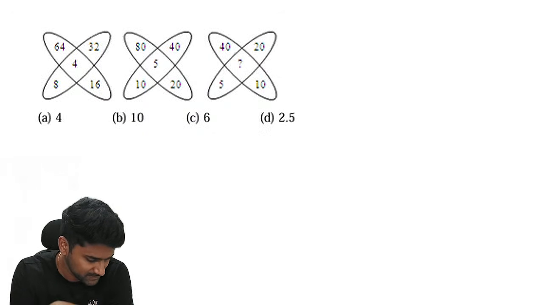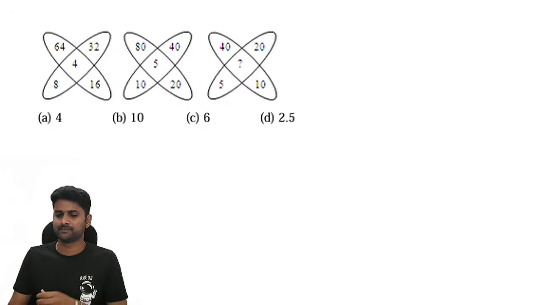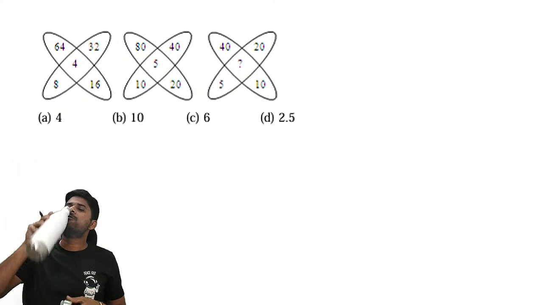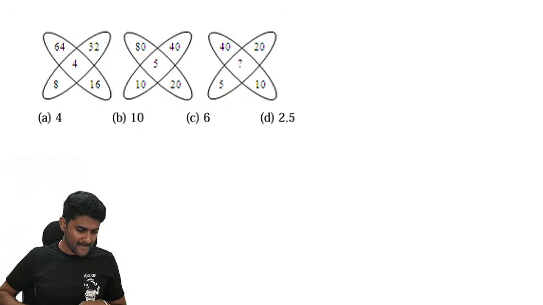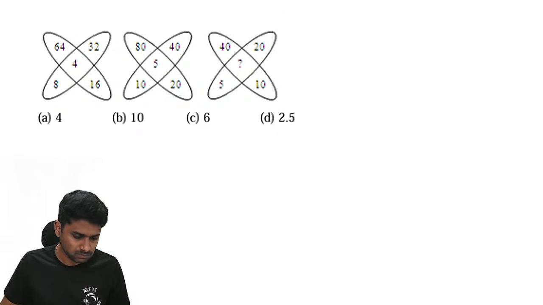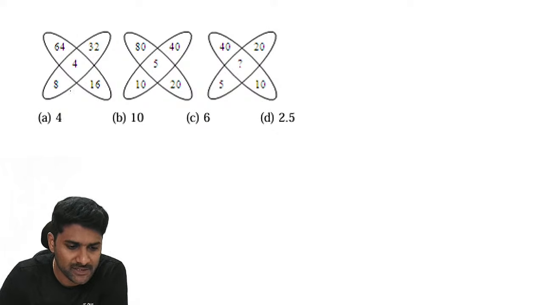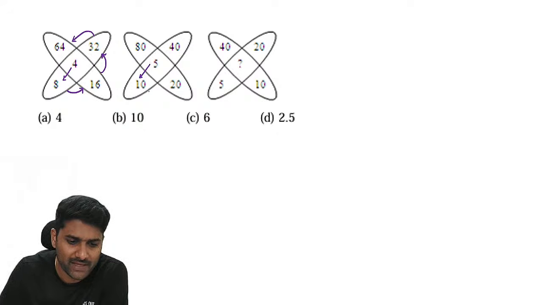Next, try this question. So if you observe the whole picture, see, 4 doubled is 8, 8 doubled is 16, double of 16 is 32, double of 32 is 64. 5 becomes 10, 10 doubled is 20, 20 doubled is 40, 40 doubled is 80.